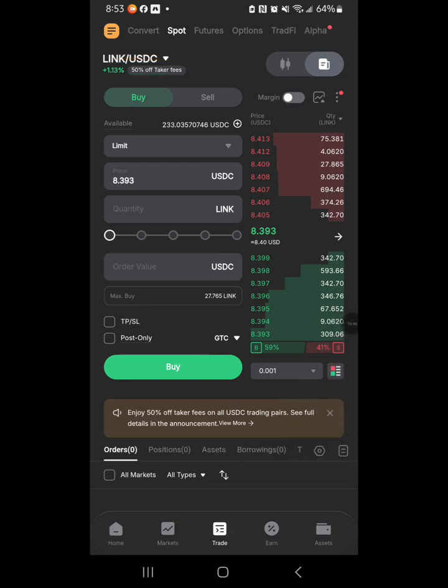It's only meant to give you a clue that if you're taking out from the market, as we did earlier on USDT USDC, you're going to get a 50% discount off your trading fee. The trading fee is initially 0.1%, but if you're taking out, you're going to get 50% off it. So you'll be paying 0.05% instead of 0.1%. That's the advantage of this 50% off taker fee.